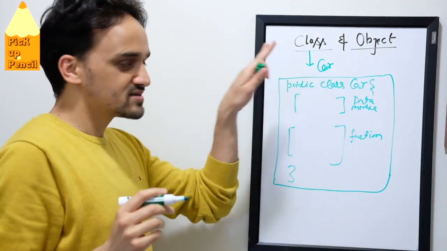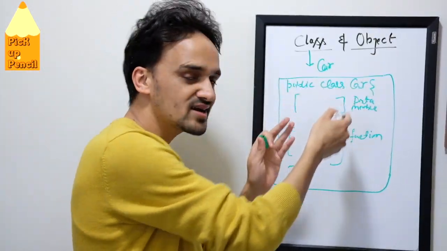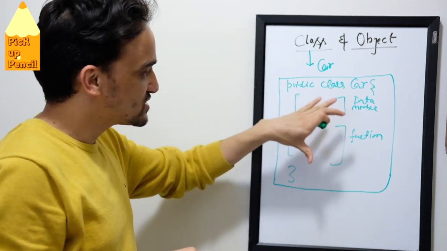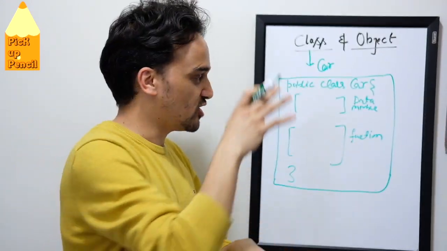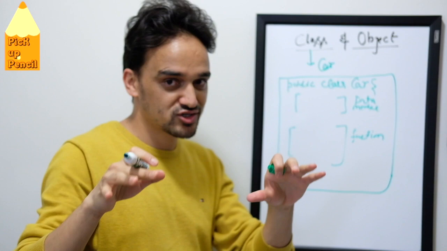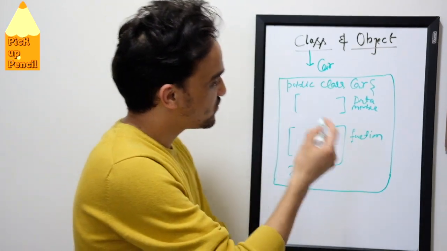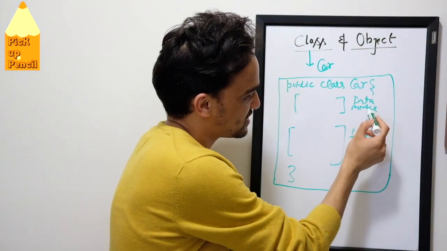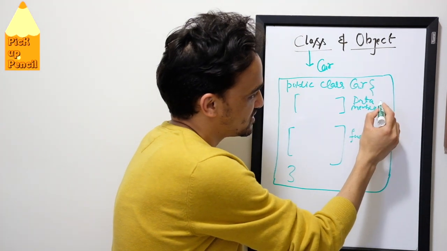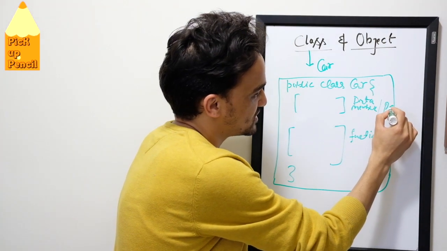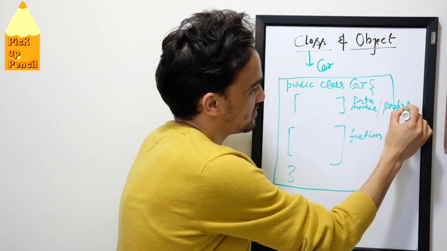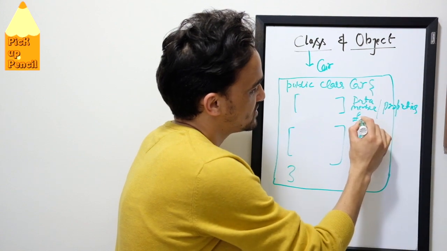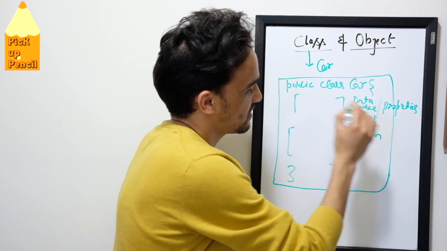A car class is nothing but something that is able to provide a template or a prototype or a structure or a blueprint for an object's data members, or we can say the object's properties or fields, data fields.